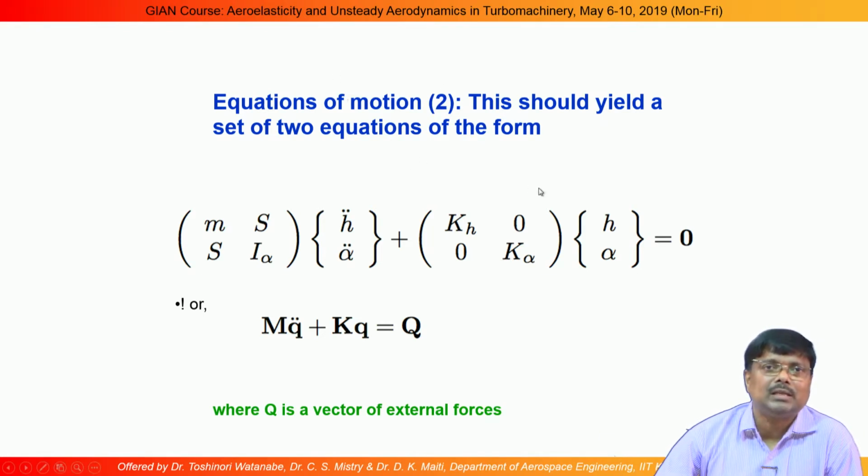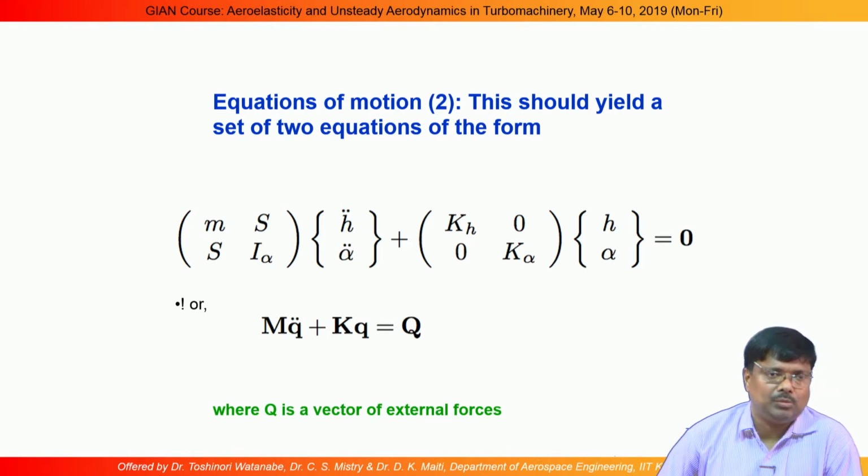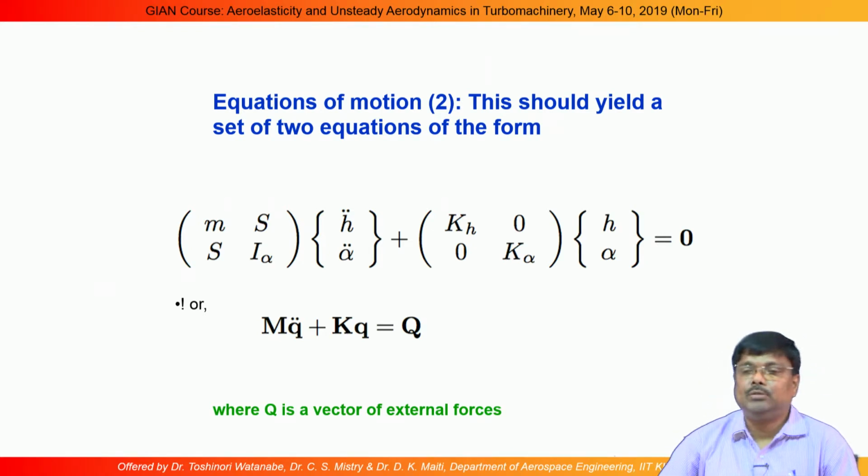In this case, as we have not taken aerodynamic load, I have written it 0, but in our normal other cases there will be aerodynamic load, because we are talking of aeroelasticity, dynamic aeroelasticity. So, the right hand side will be aerodynamic load.